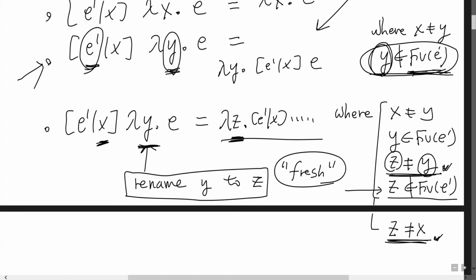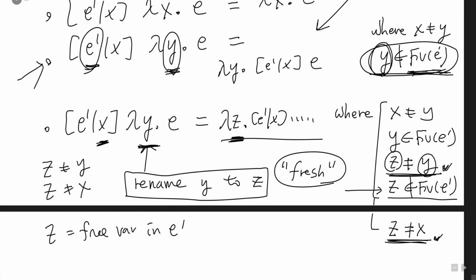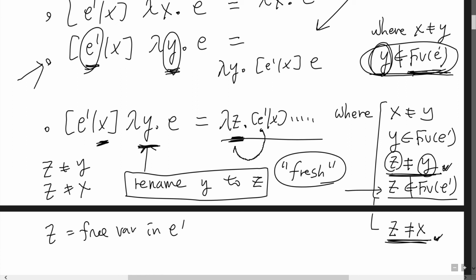So now we have chosen a fresh variable z, and there is one more condition that we have to consider. Even if z is not equal to y and z is not equal to x, you cannot allow z to be some free variable inside expression E. If that's the case, we are going to see another instance of capture, because if z is a free variable in expression E, then you might see some variable z inside expression E prime.